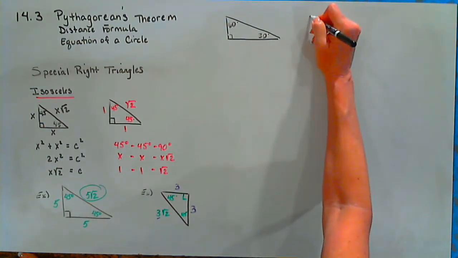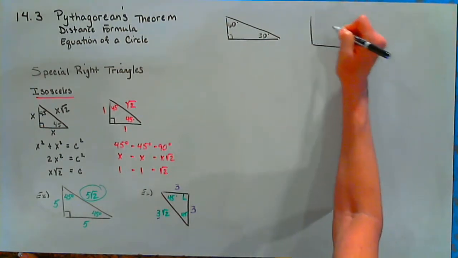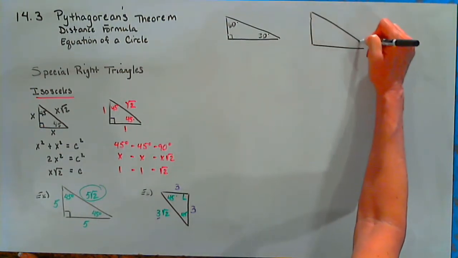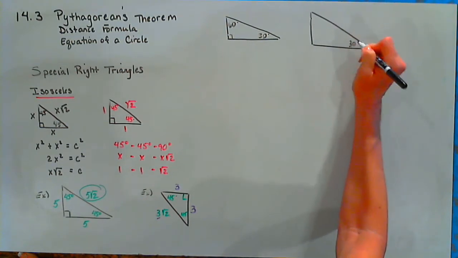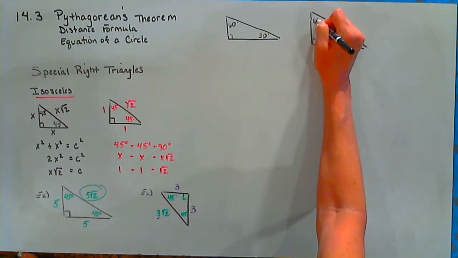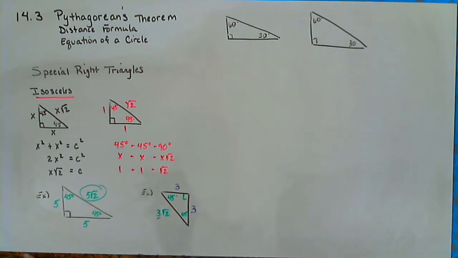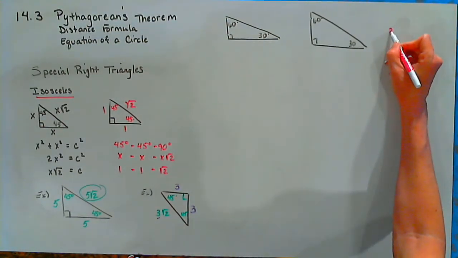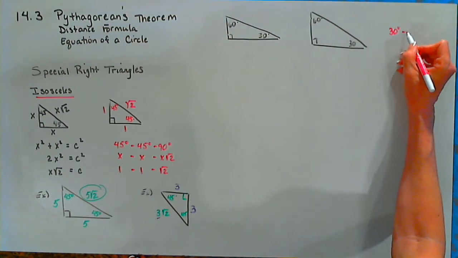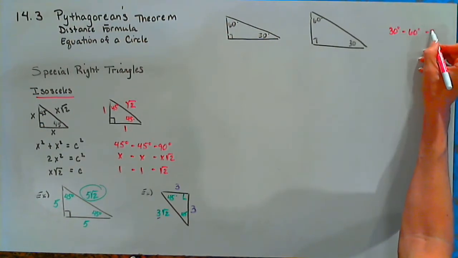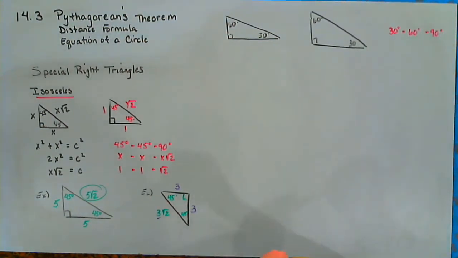Here, I'll draw it a little larger. That's 30. That's 60. If you don't like that, I could also do it this way: 30, 60, 90 degrees. Depends on how you visualize it.